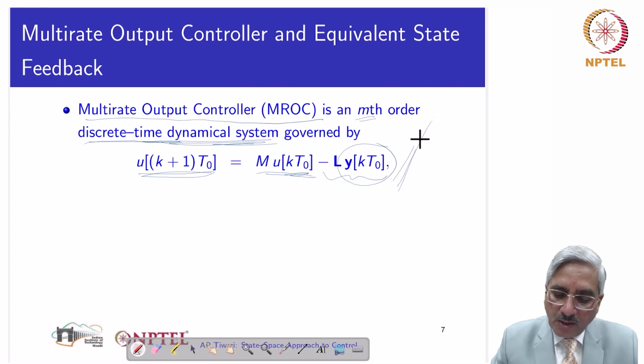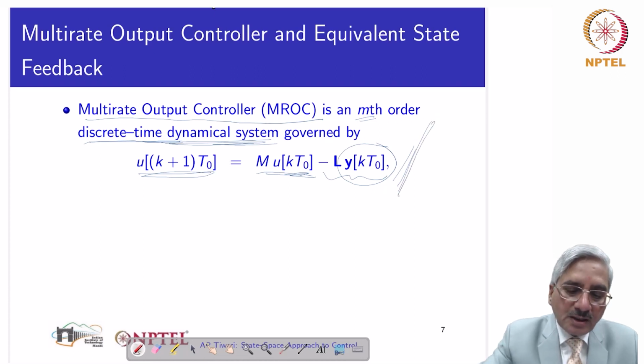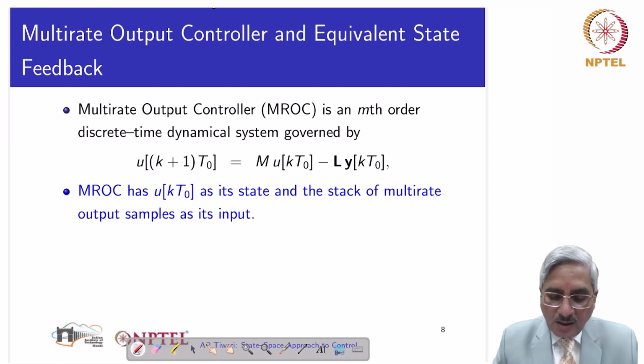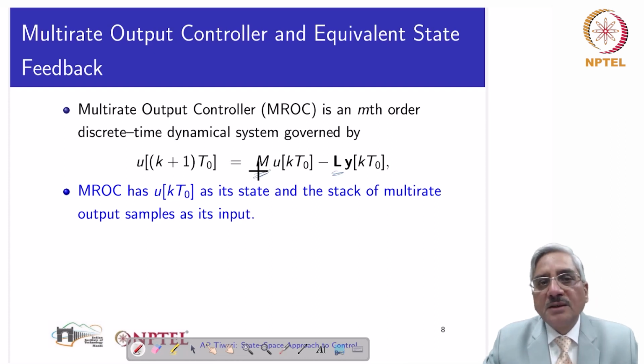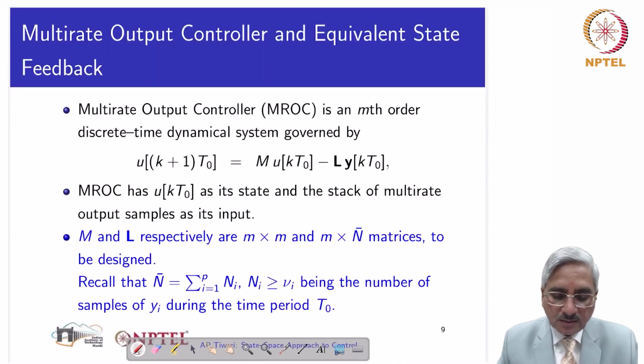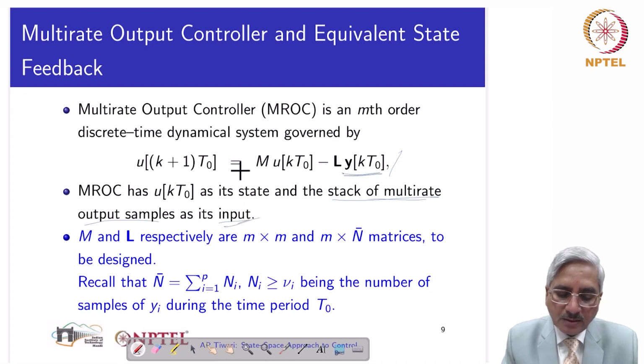This is the starting point, and we will see how it becomes equivalent to state feedback control, or how by choice of L and M we can actually implement a state feedback control. As I mentioned already, the state of the system and the stack of multi-rate output samples is the input to it. This is the input and u is the state of the system.